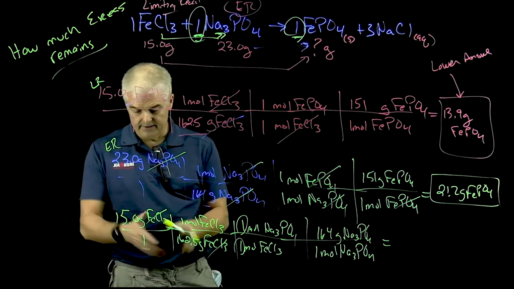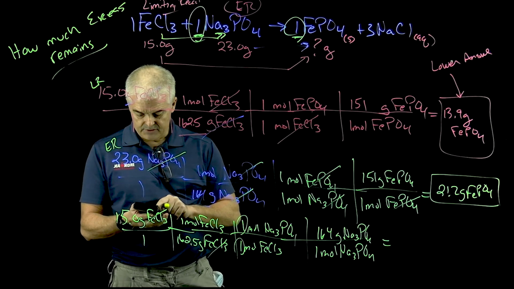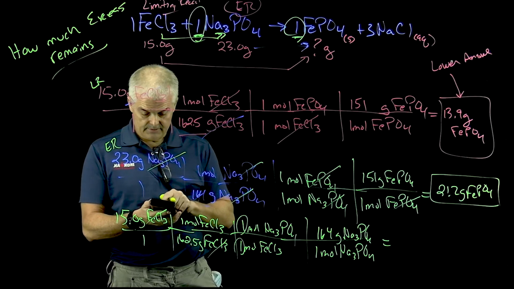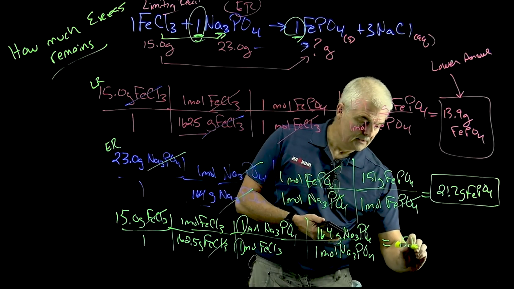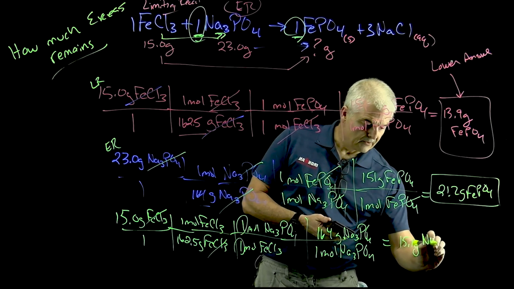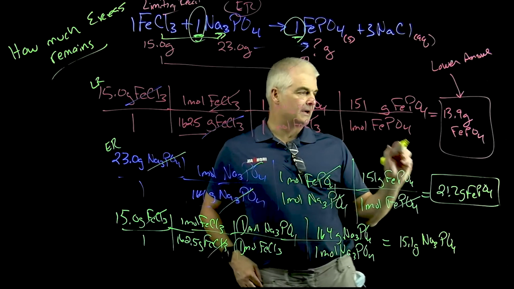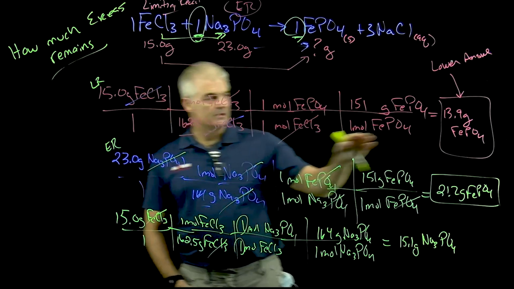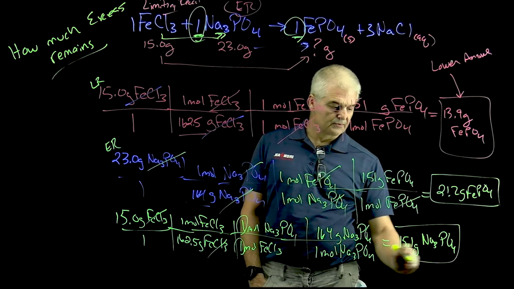Now I get my calculator and I say 15 divided by 162.5 times 164 gives me 15.1 of Na3PO4. Now what I'm calculating, if you haven't quite figured this out, is how much of the sodium phosphate will be used up when you react 13.9 grams. And it turns out you're going to use 15.1.